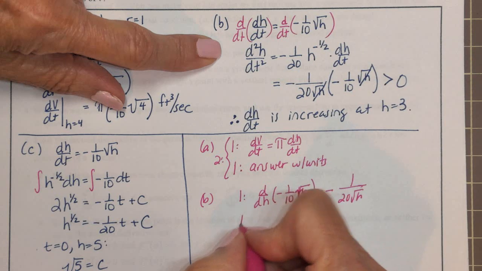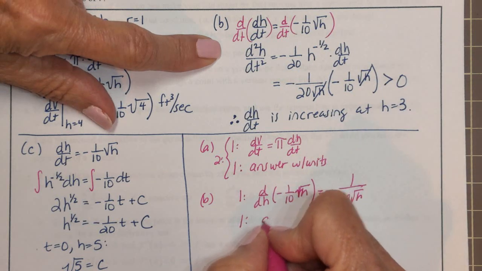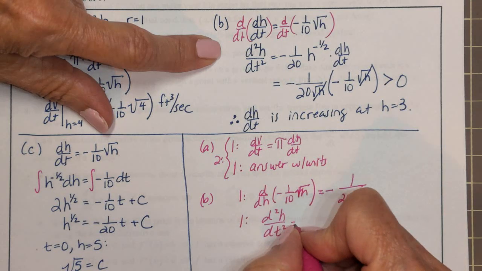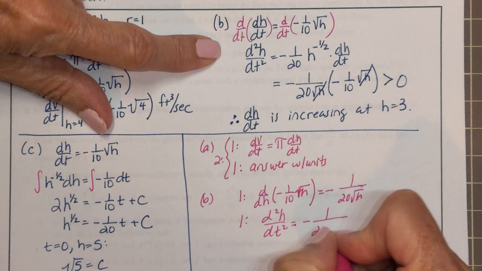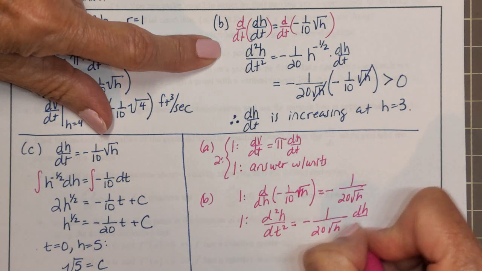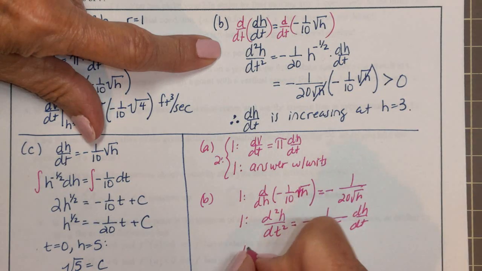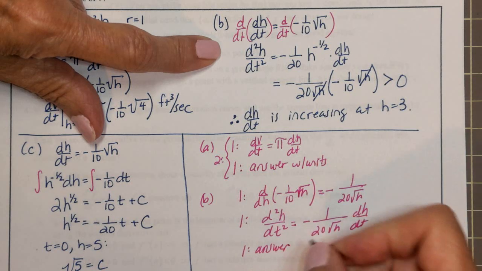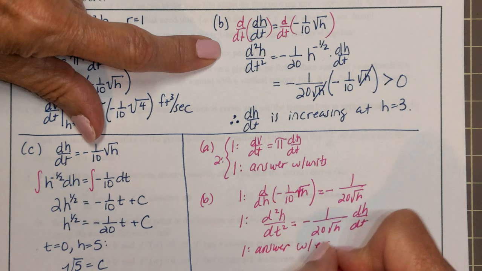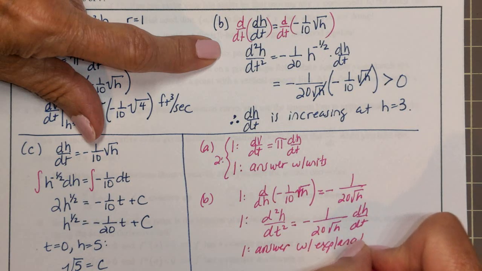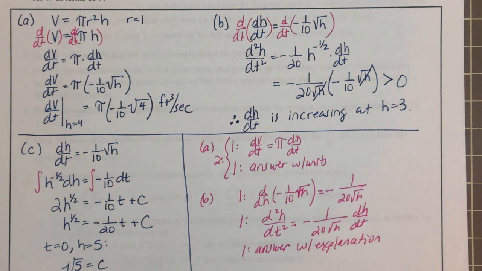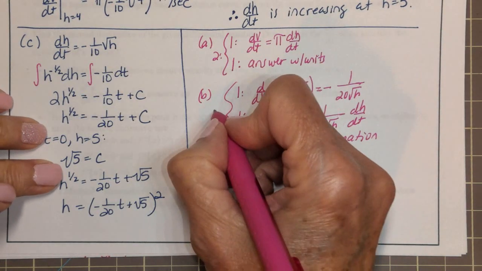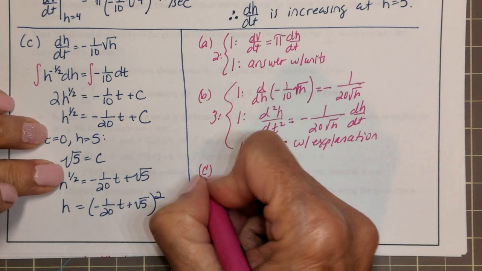And then 1 point for the chain rule part, finding the entire second derivative. And then 1 point for your answer with explanation. In other words, you had to have earned the first 2 points to get that last point. So 3 points for part B, leaving 4 points for part C.